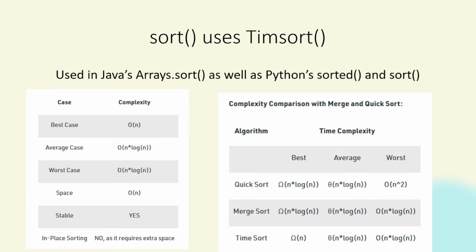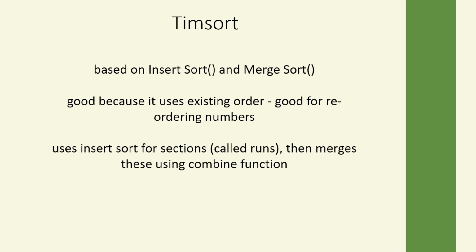So if we need to keep checking, let's say, a list of numbers, and maybe some are being placed out of order, but most of them are in order, then timsort is quite a good algorithm for that. It's based on insertion sort and merge sort, and it's good for numbers that are already pretty much in order.